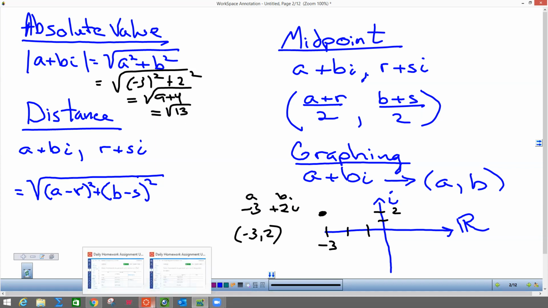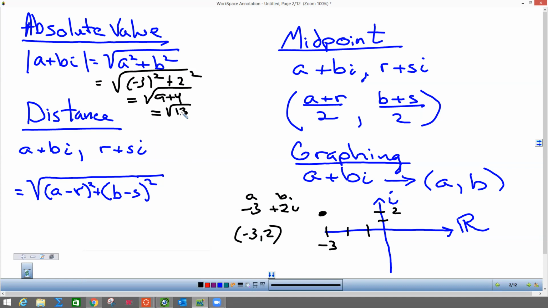Got the idea? Okay. Now that would represent the distance from the origin going out to this point, this square root of 13, that distance right there. Okay, that's what that represents.